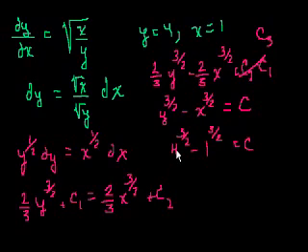What's 4 to the 3/2? So 4 to the 1/2 is 2, and then that to the 3 power, that's 8. And then 1 to any power, but especially in this case, 1 to the square root of 1 is 1, and then to the 3rd power is 1. So 8 minus 1 is equal to c. And so c is equal to 7.